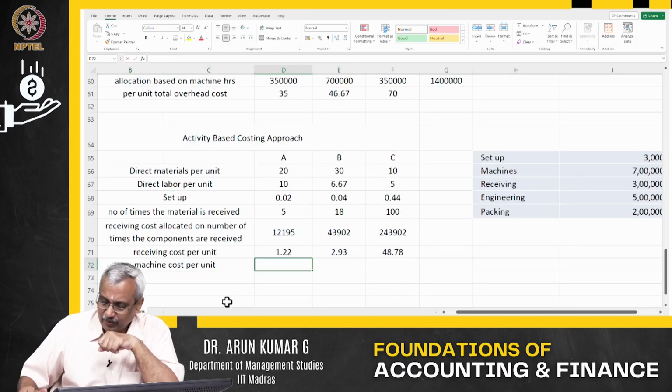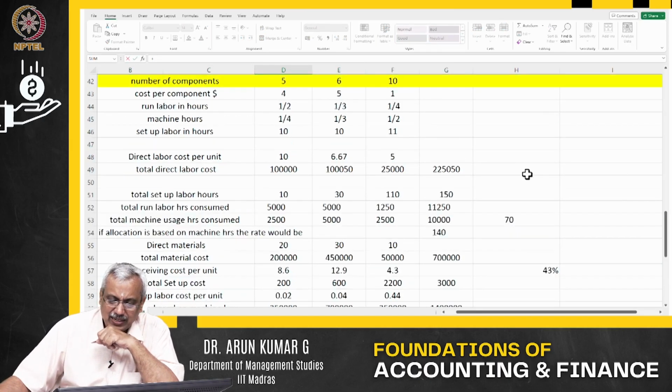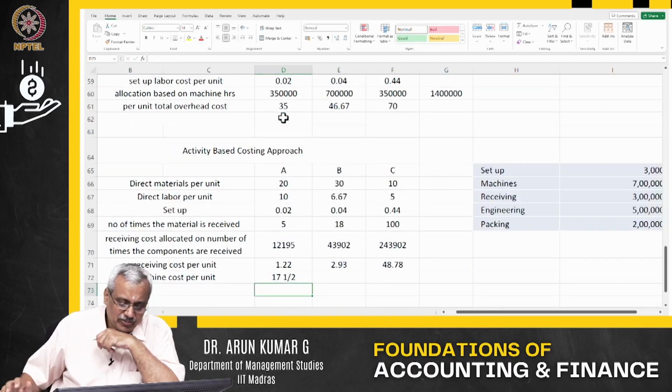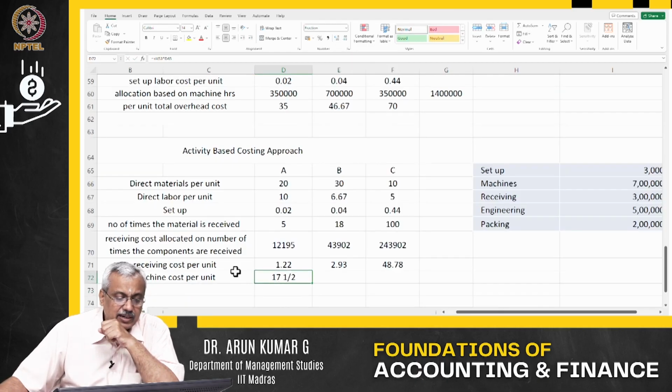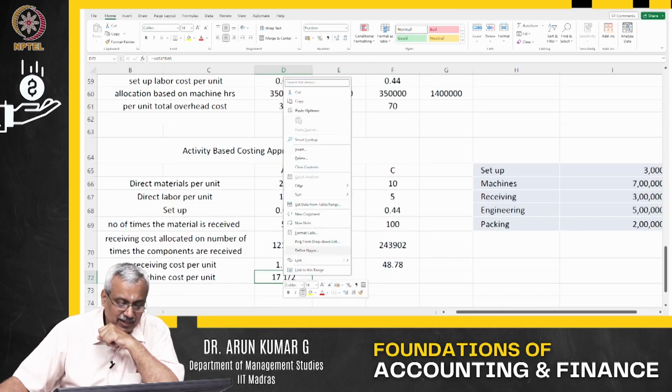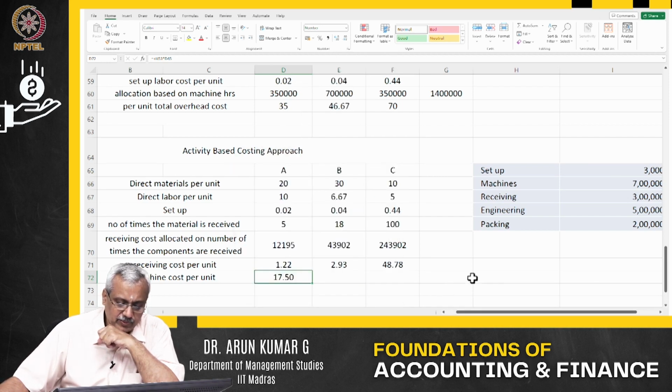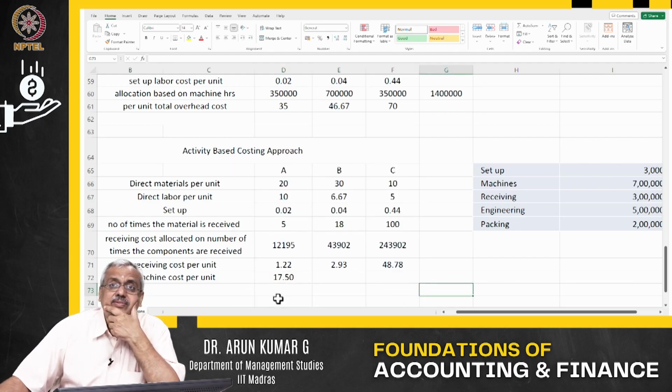My machine cost is about $70 per hour, and I use it for 1/4 of an hour for A. I am using it as a decimal, so I am just going to format my cell, and it is about 17.5.